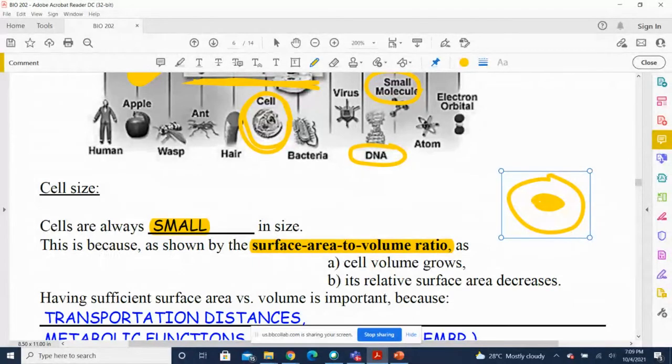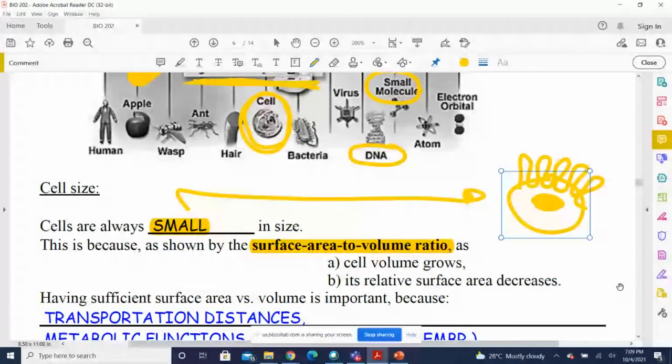If we make a cell really large, it doesn't have enough surface area to serve all of that volume inside it. We can do some adaptations, such as making various kinds of folds on the cell membrane. That might help a little bit, but even that can do only so much. So for that reason, we need to keep cells small in size.